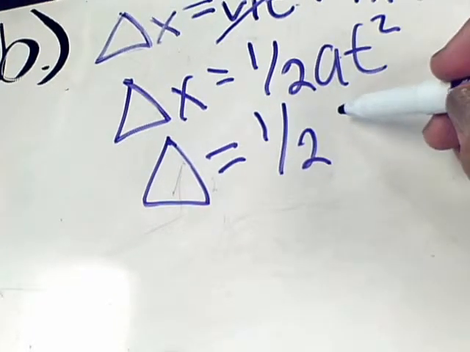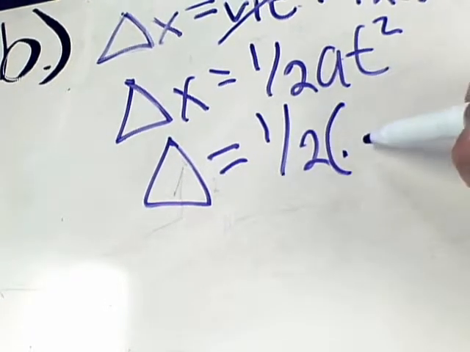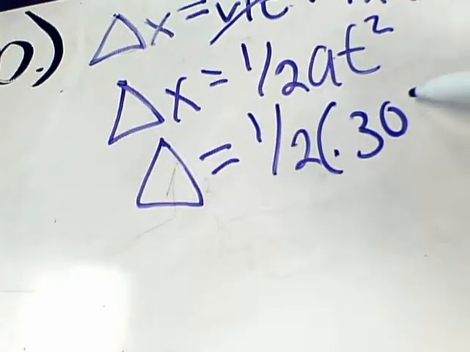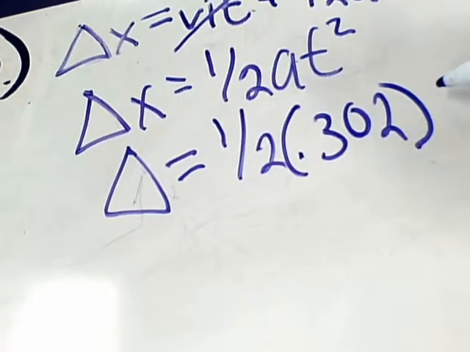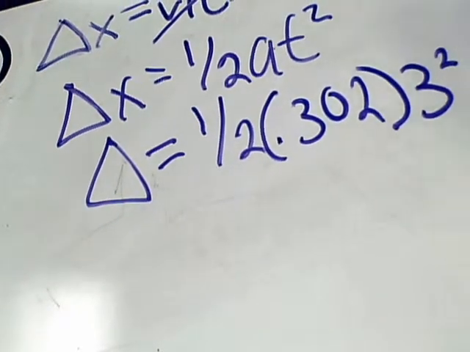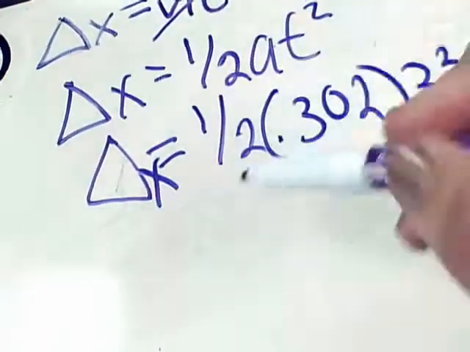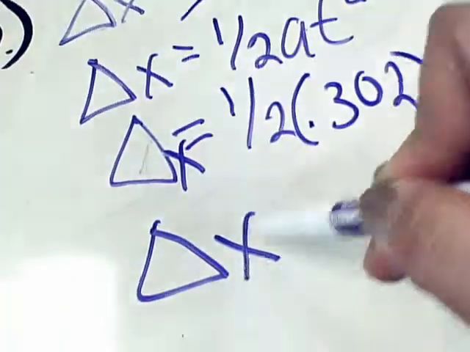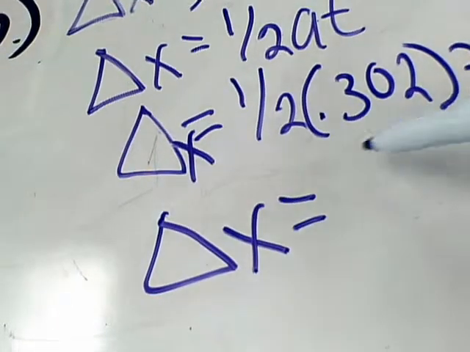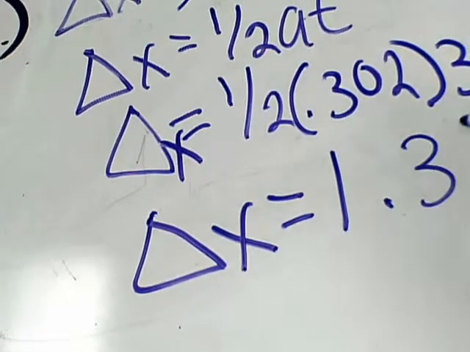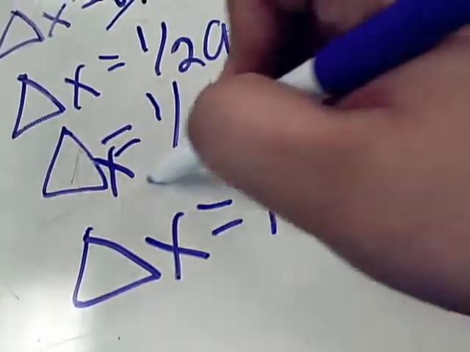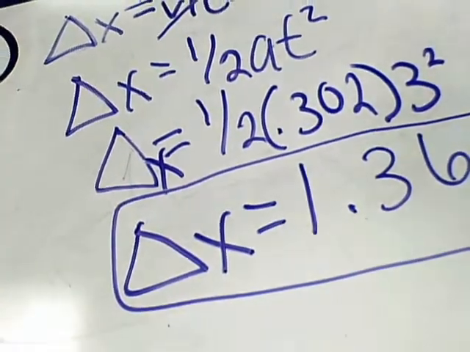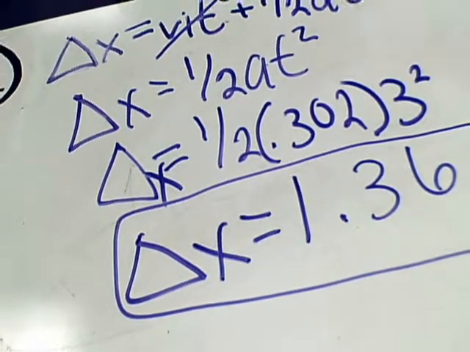Plugging in the acceleration that we just found, 0.302 meters per second squared, and time is again 3 seconds. Once you multiply it out, delta x is equal to 1.36 meters. The final answer to problem number 24.